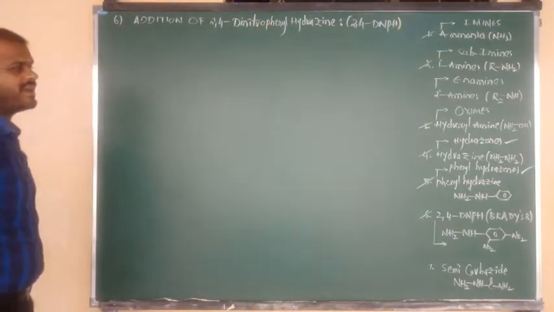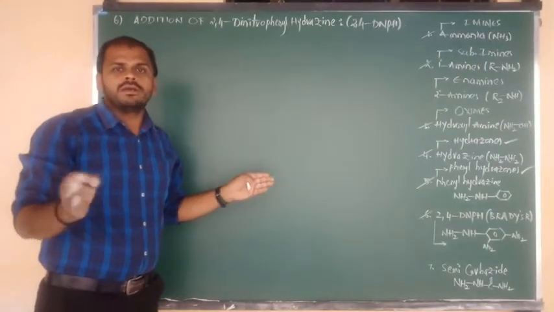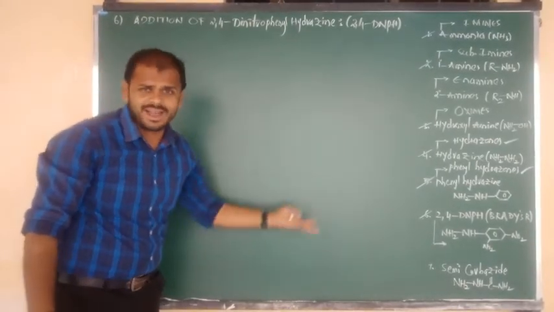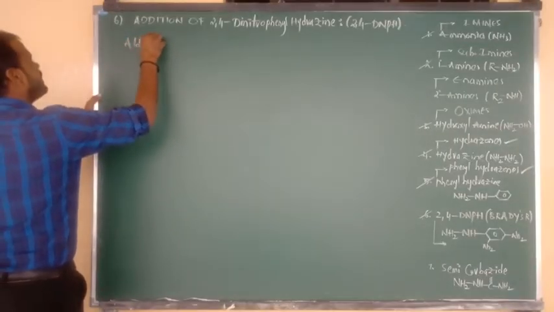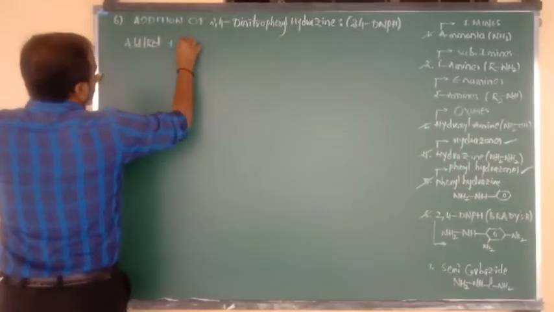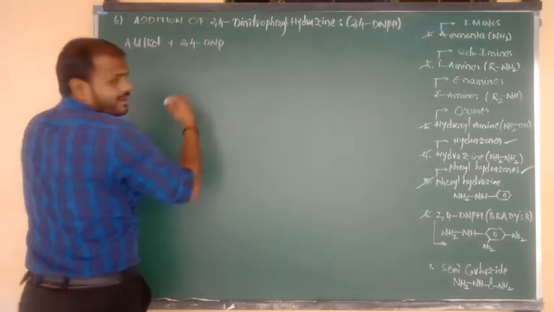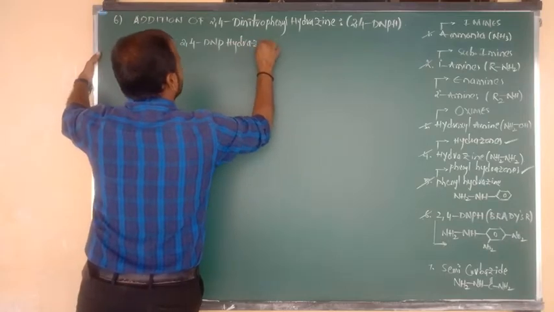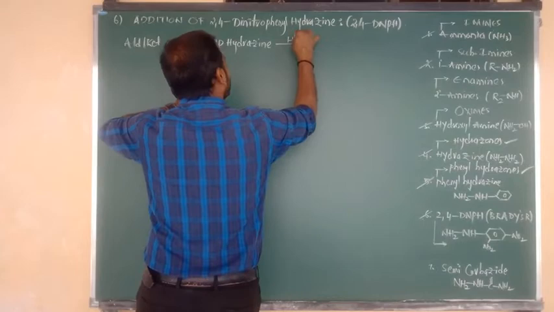So how do aldehydes and ketones show reaction with 2,4-dinitrophenyl hydrazine? Again, same thing, it is a property of aldehydes and ketones. Aldehydes and ketones upon reaction with 2,4-dinitrophenyl hydrazine, and the reaction takes place in acidic medium.